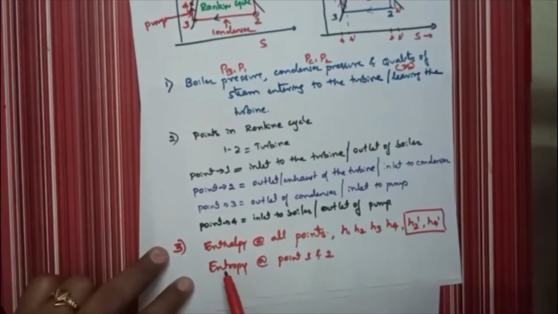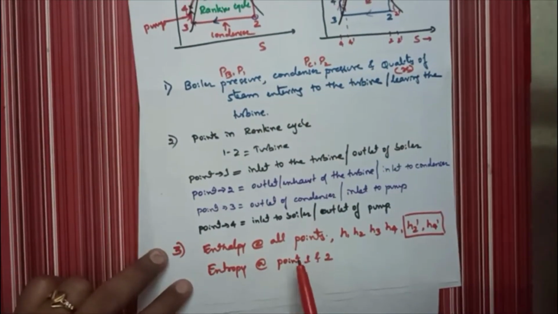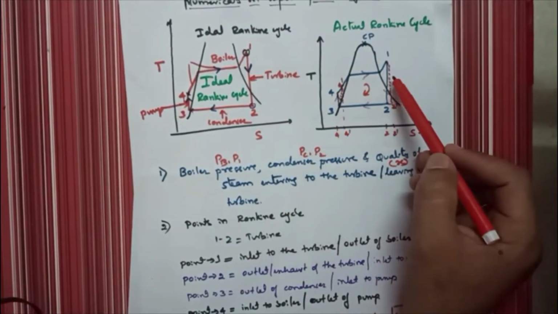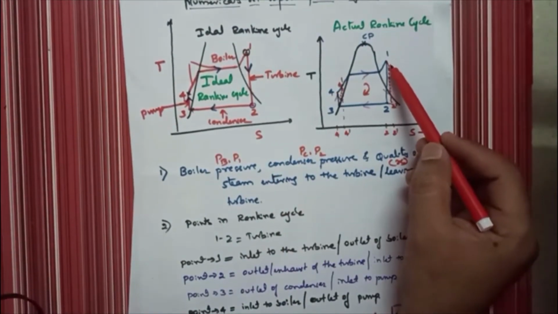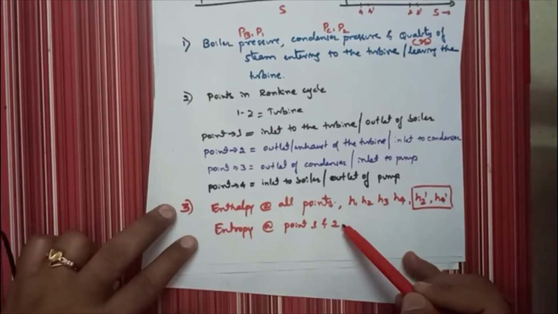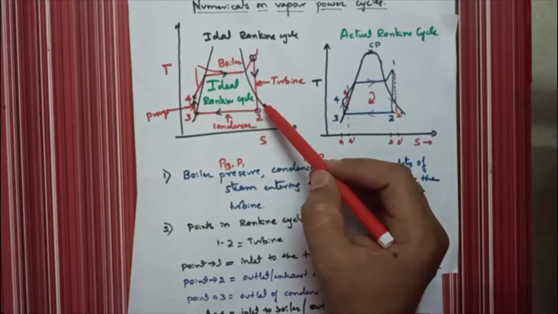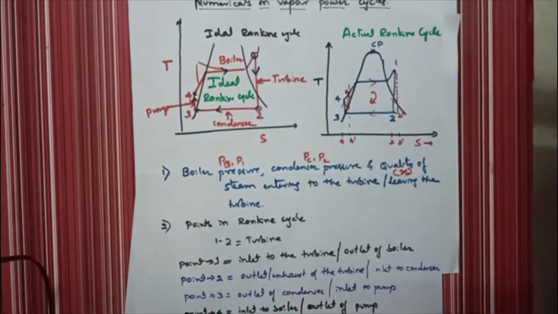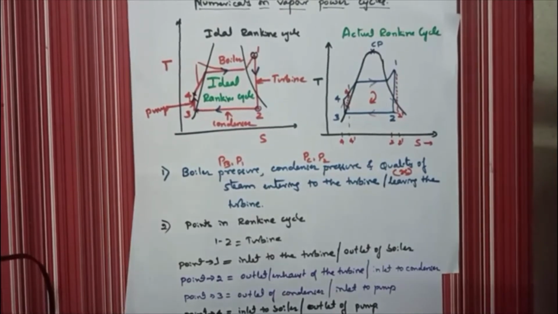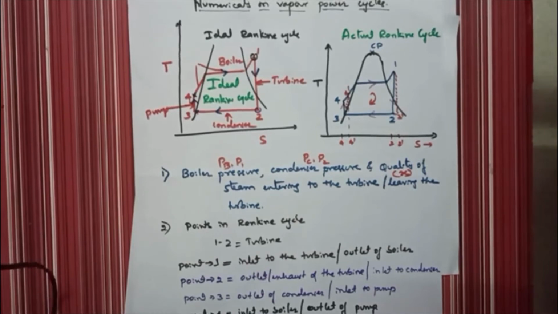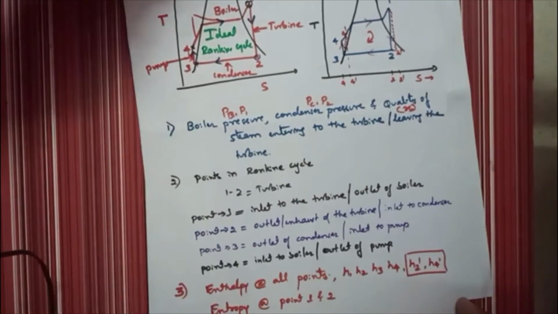For example, entropy at point 1 means entropy at the inlet to the turbine, you have to calculate. Similarly, point 2 means the outlet of the turbine. So don't memorize only the points 1, 2, 3, 4, remember the component. In the numericals he may give A, B, C, D, not 1, 2, 3, 4. So this is point number 3. The next, point number 4.